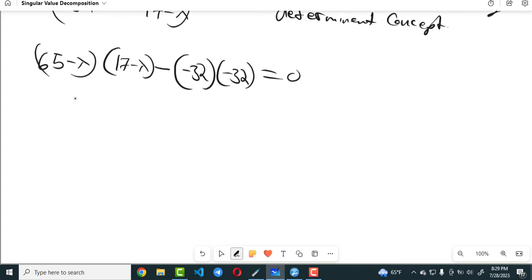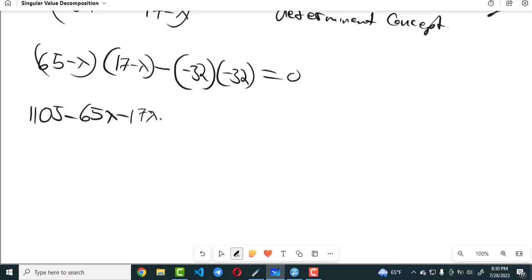Now 65 times 17, which is nothing but 1105, minus 65 lambda, minus lambda times 17, which is negative 17 lambda.